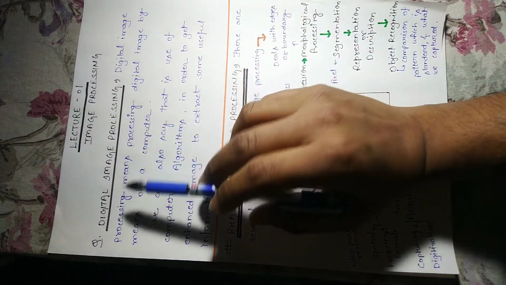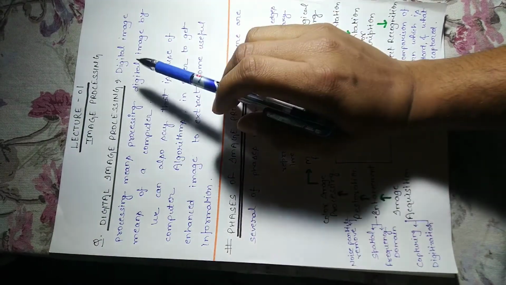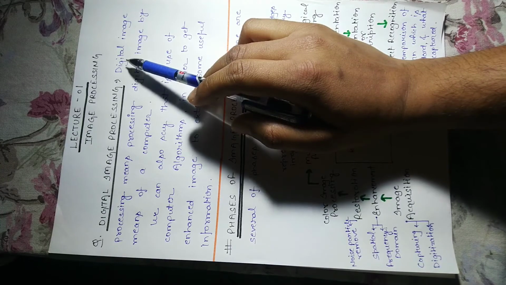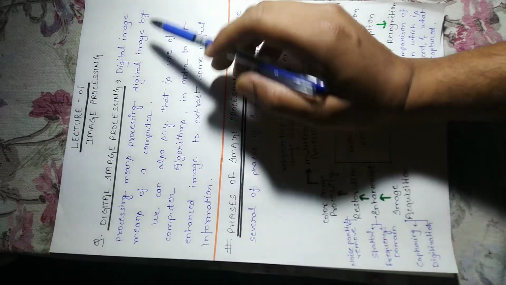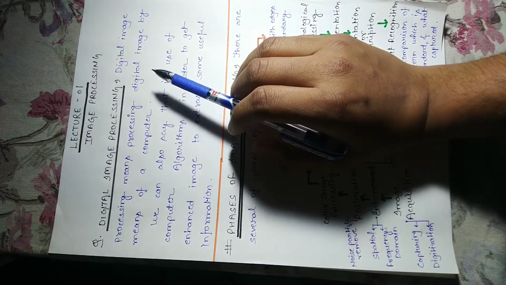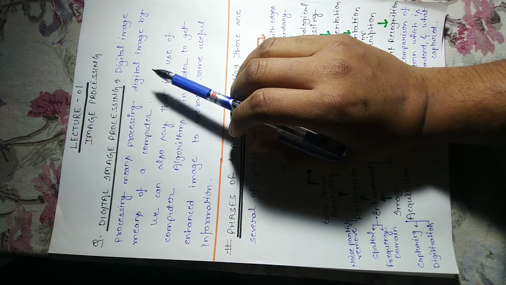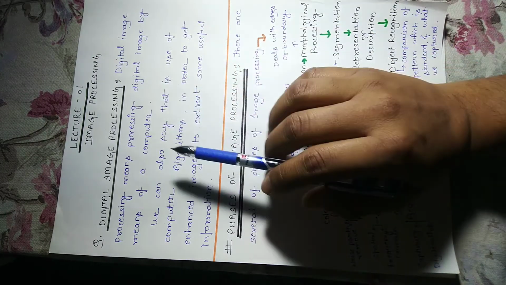What is digital image processing? According to the definition, digital image processing means processing a digital image by means of a computer. That means we are processing an image through a computer or some software.